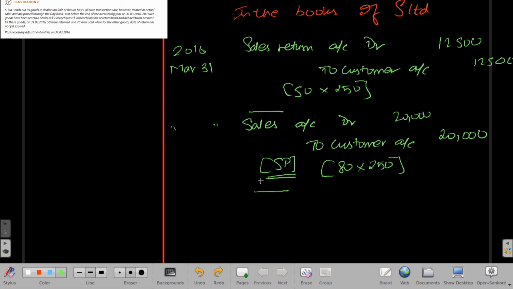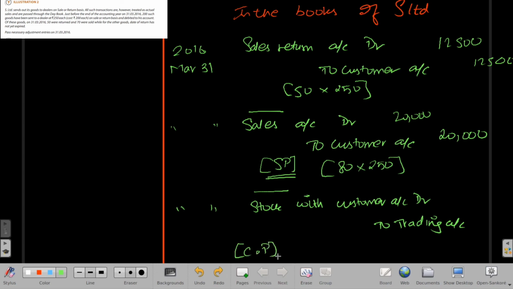The last entry would be recording the stock with customer account. On the same date, we will record the stock which the customer holds, and we would credit trading account. Here it is very important to know that stock with customer would always be recorded at the cost price, whereas reversing the sales is recorded at the selling price.